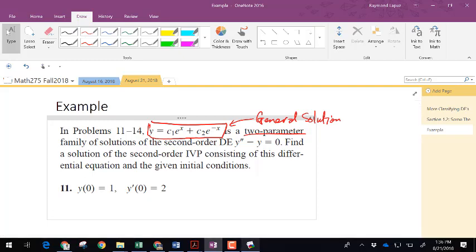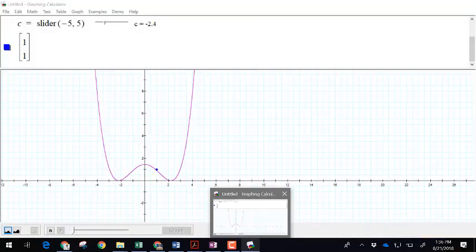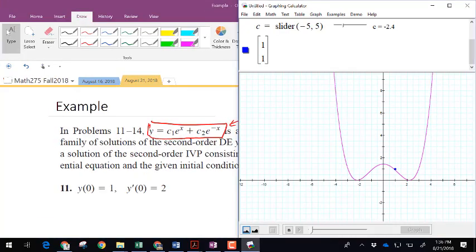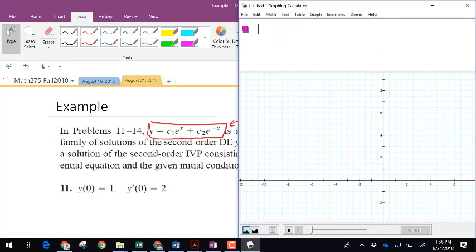Should we take a look at a graph first? Maybe a graph would help. I don't know. Did this graph help? So y equals, instead of C1 and C2, I'll say A times e to the x plus B times e to the negative x.